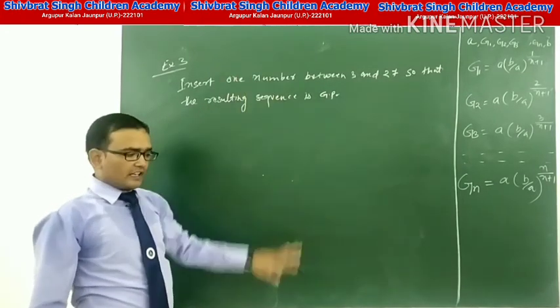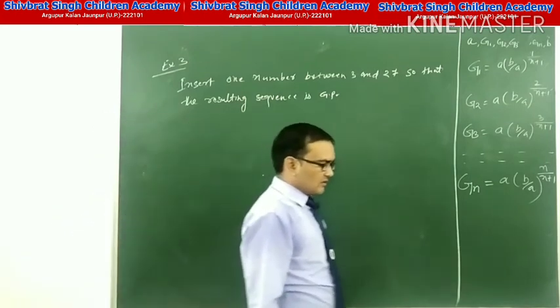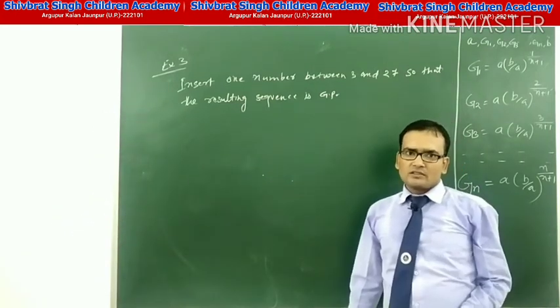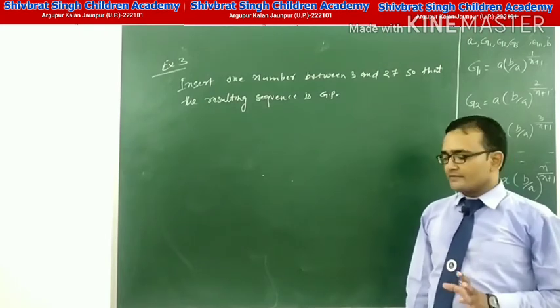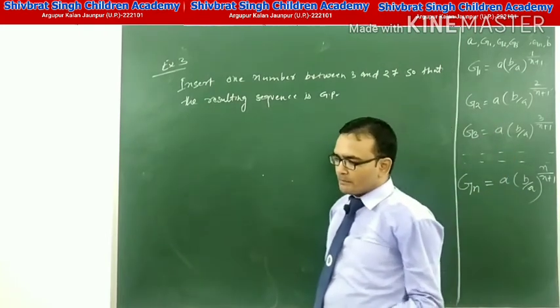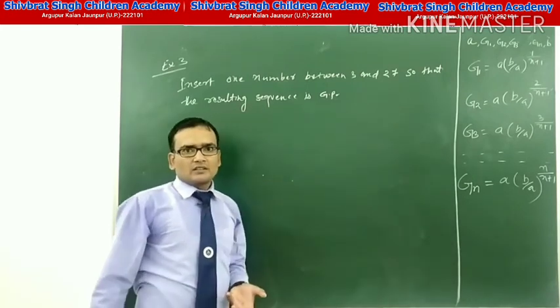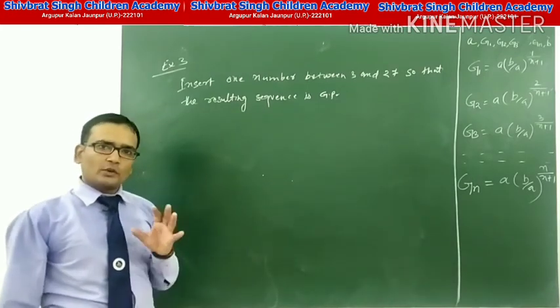Here it is not mentioned as in the previous question. The question was to find the geometric mean of 4 and 9, then you simply understand that you find the value of the geometric mean.